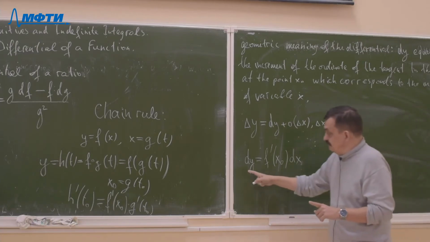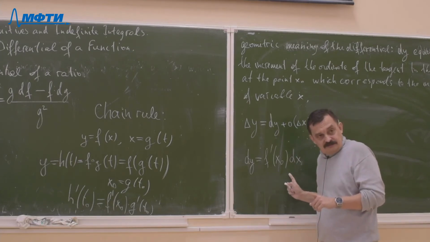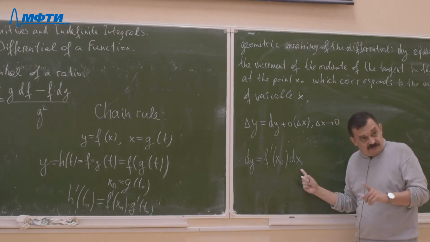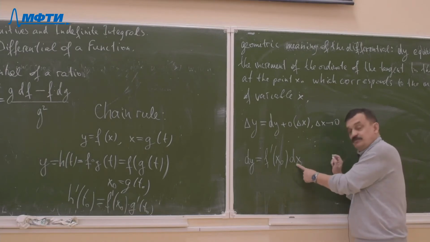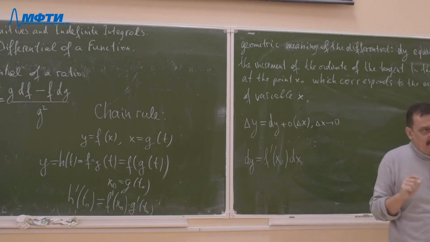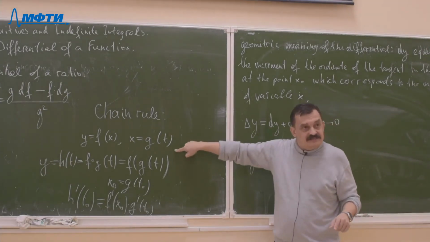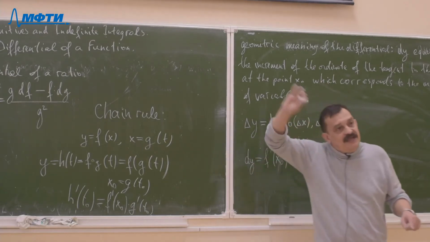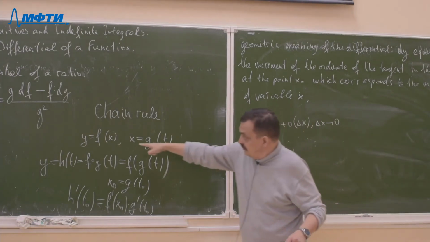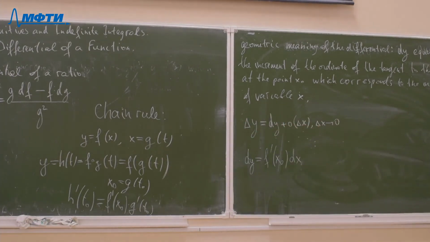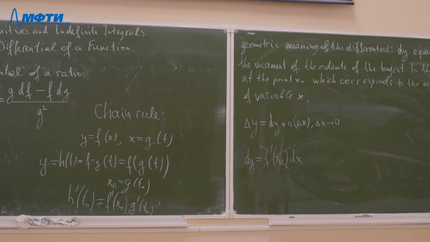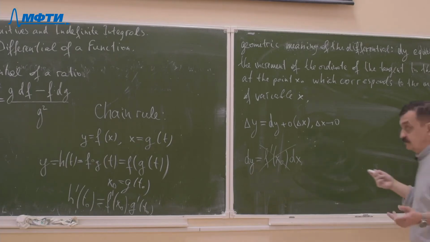So this equality now is not applicable, because what we wrote before was written only under the supposition that x is an independent variable. Now, in this case, x is not an independent variable. X depends on t, on another variable. It means we have no right yet to write it like that.